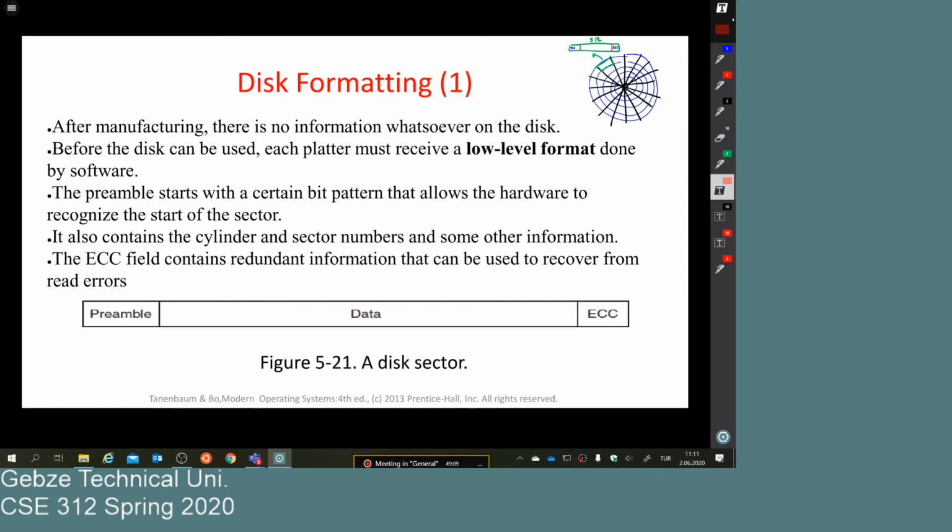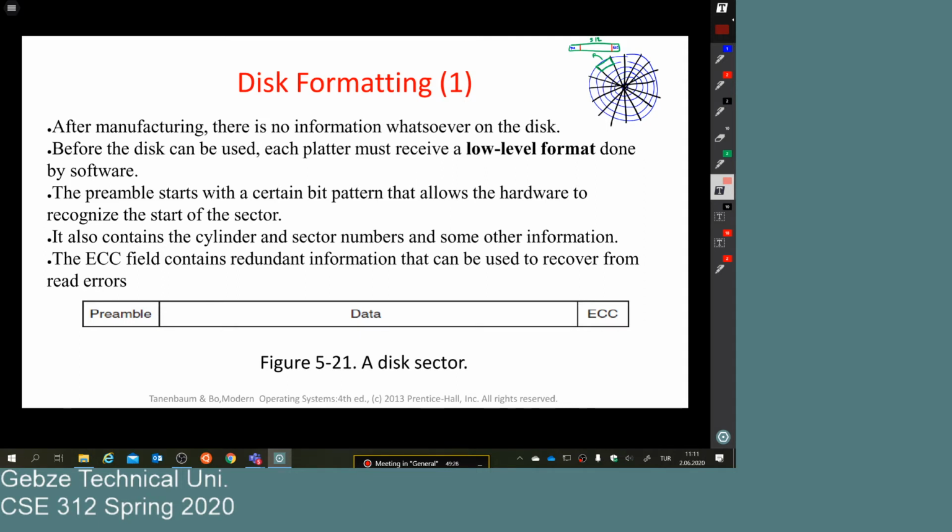It contains a special bit pattern. Okay, after that special bit pattern, I have the information about that sector, saying that I am cylinder number 7 and sector number 15. And at the end of that sector, I have this ECC, error correction code information.